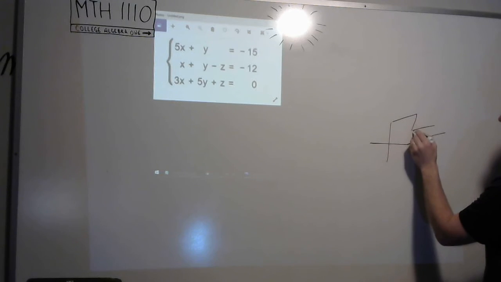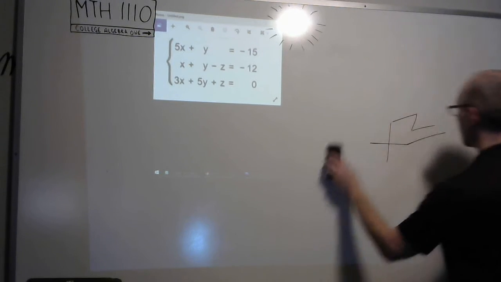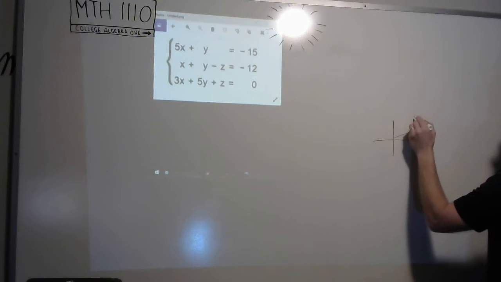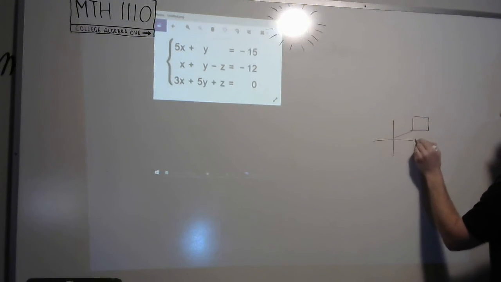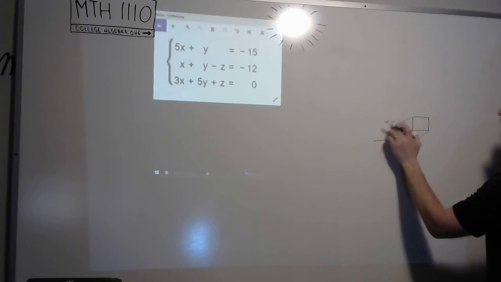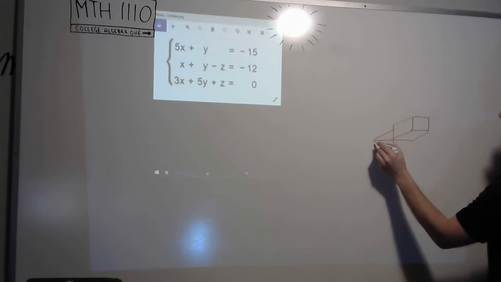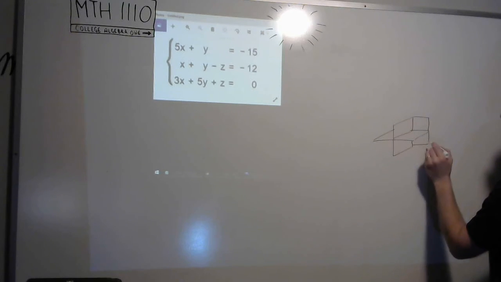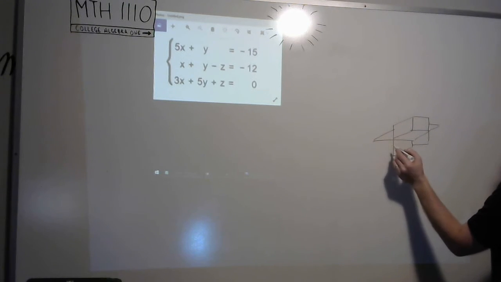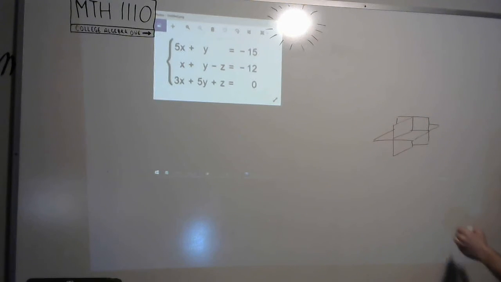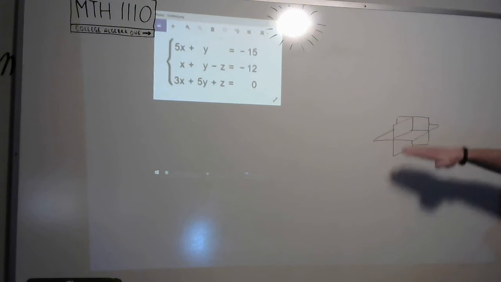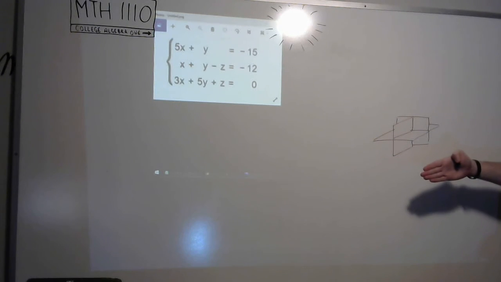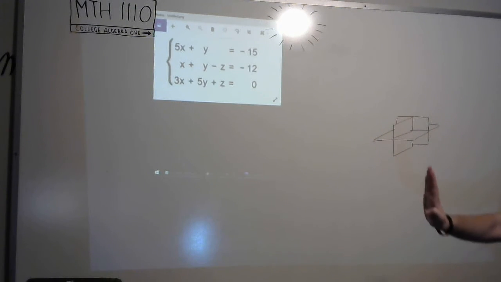I'll see if I can draw this. Actually, you don't even care that I draw this, but I want to now. So there's a plane going out this way, a plane coming down this way, and a plane going in this way.